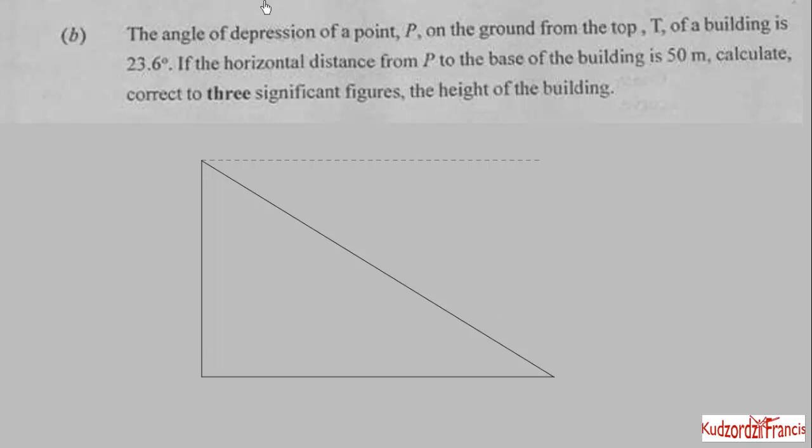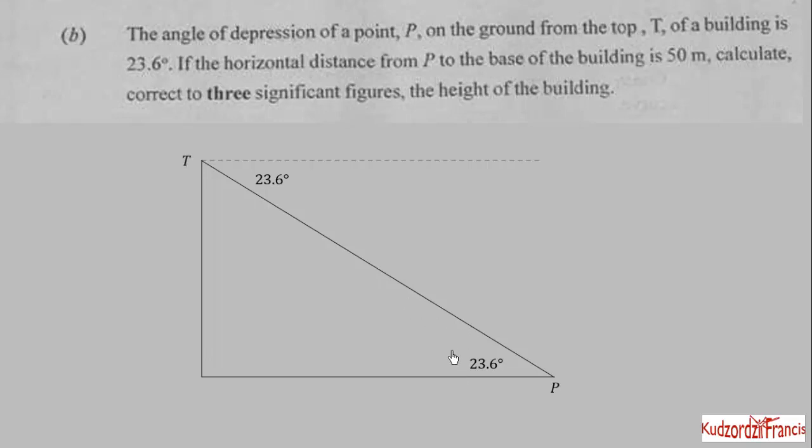So the angle of depression is this angle over here. That will be the 23.6 degrees. By the alternate interior angle property, we'll get this. So like we were saying, this is the point and this is the top of the building.